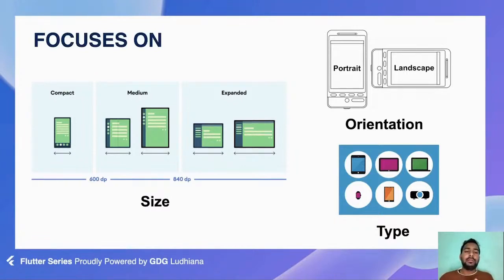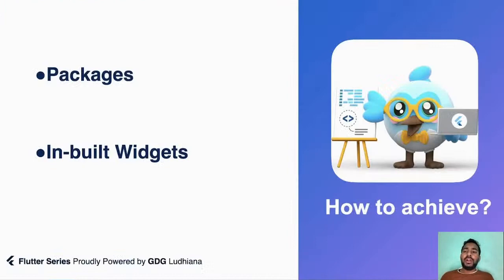If you are a good Flutter developer, then you must try to achieve responsiveness, because as a Flutter developer, it's our duty to develop a Flutter application that is compatible with all types of devices, orientations, and sizes, so that there is a good user experience.